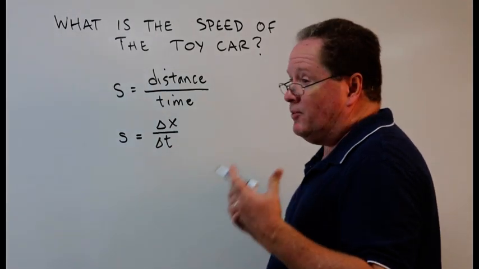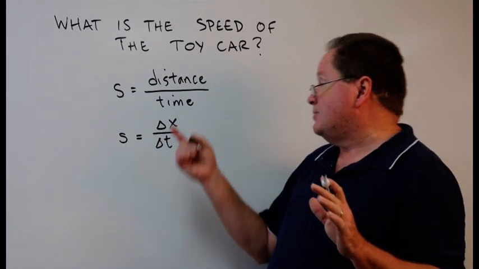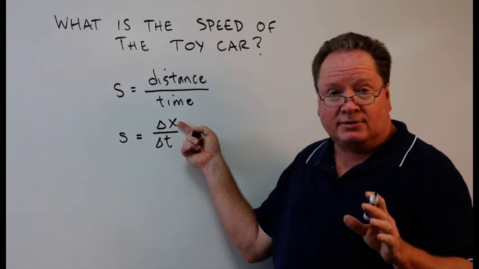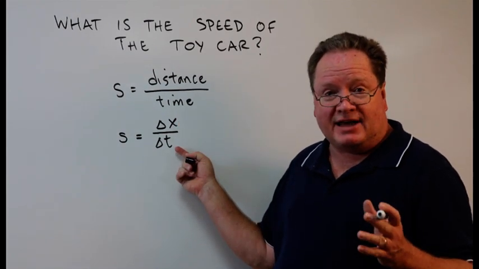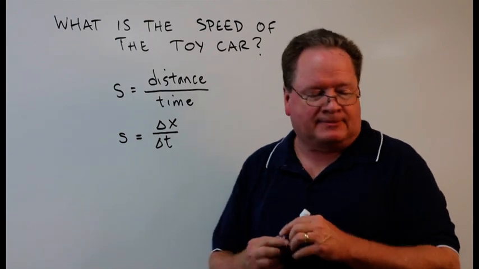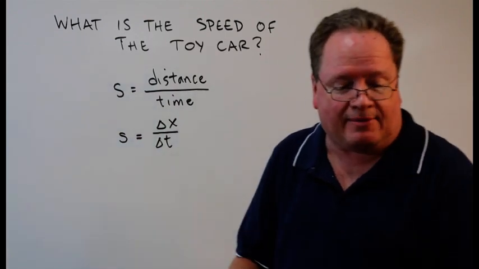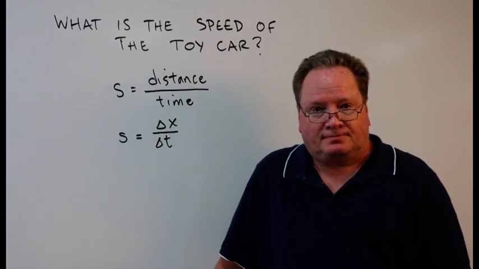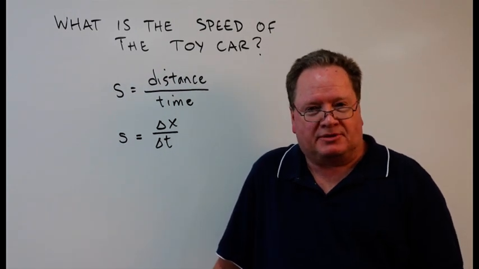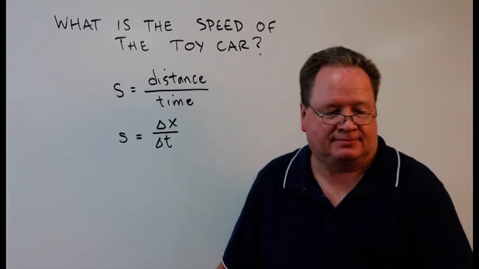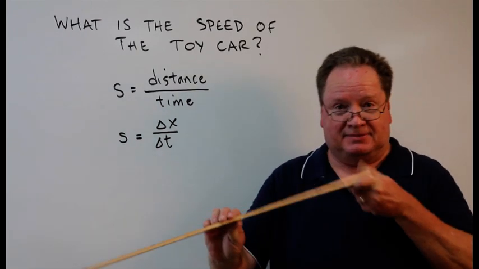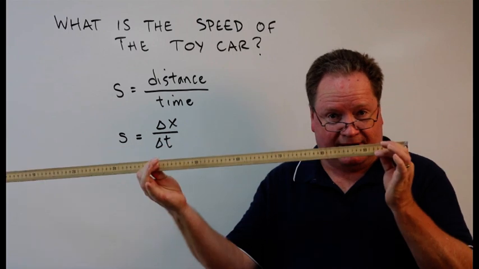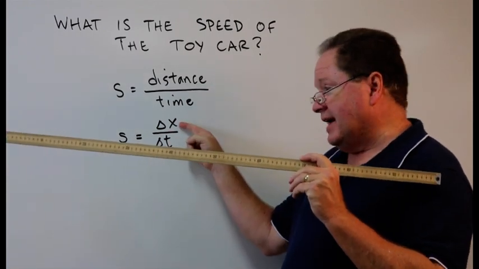So in the end, what we need to get a speed of anything is we need to know how far did it go and how long did it take. So what would I use to measure distance in the lab? Well, if you said a meter stick, you're right. So we're going to use a meter stick to measure distance, or delta x.